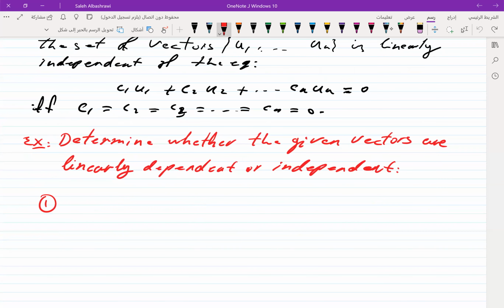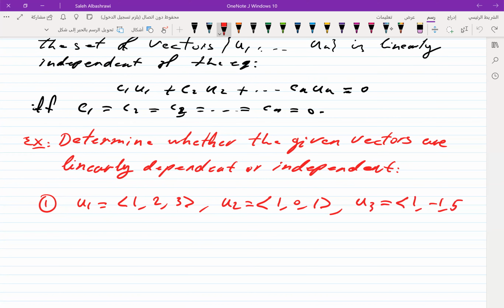Number one, given that u1 equals the vector 1, 2, 3, u2 equals 1, 0, 1, u3 equals 1, minus 1, and 5.